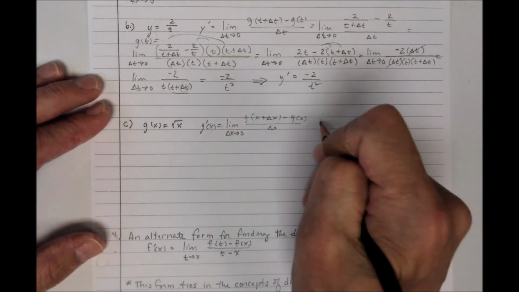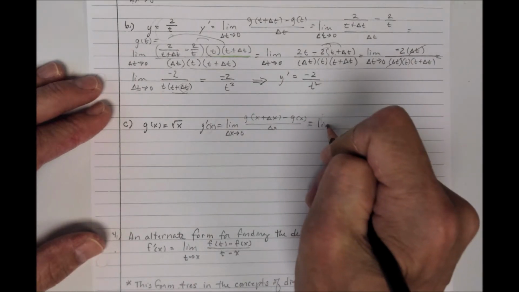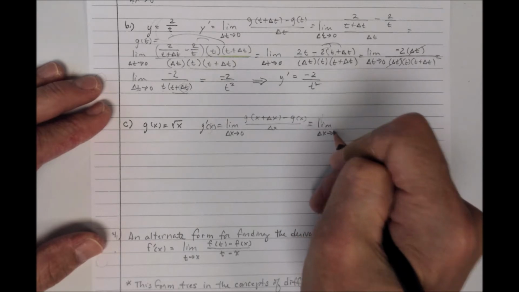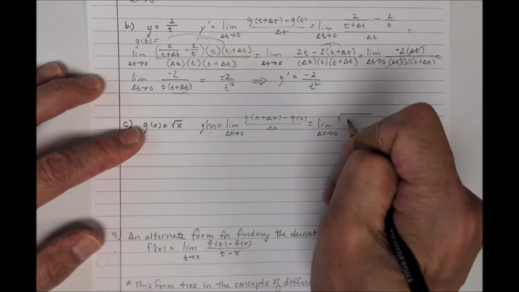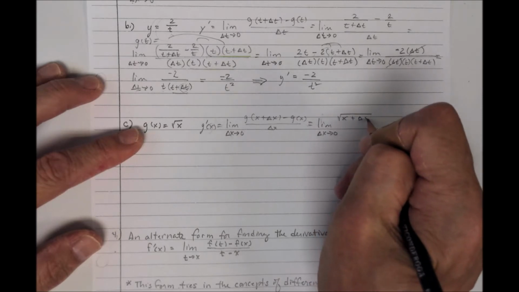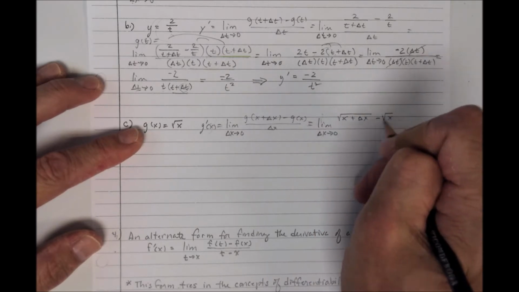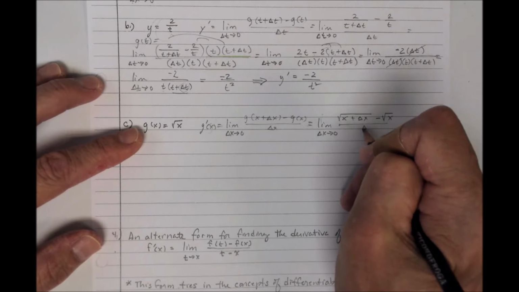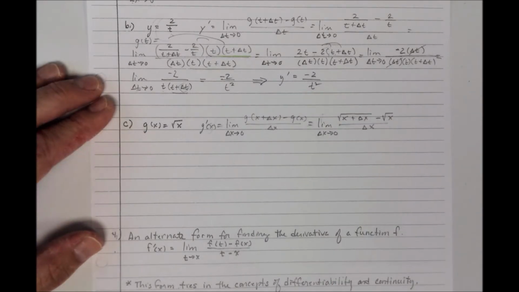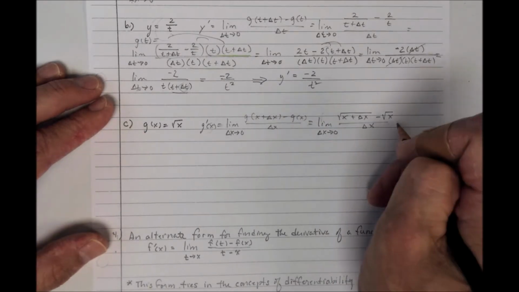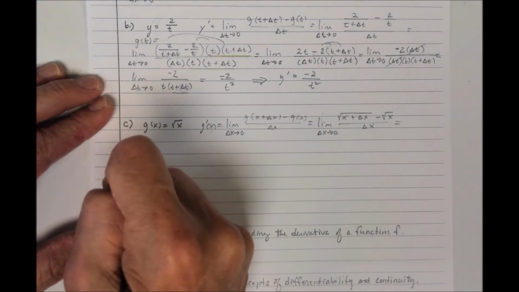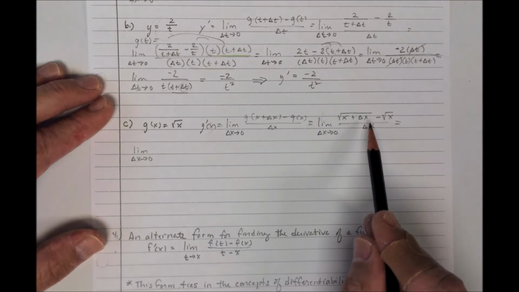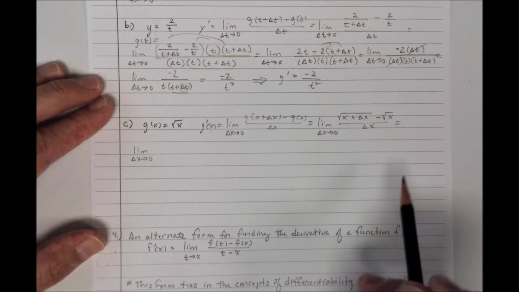This is equal to the limit as delta x goes to 0 of the square root of x plus delta x minus the square root of x over delta x. Again, direct substitution gives me 0 over 0. So I'm going to do a little bit of algebra. I am going to multiply numerator and denominator by the conjugate of the numerator. That's going to get rid of those radicals up there.